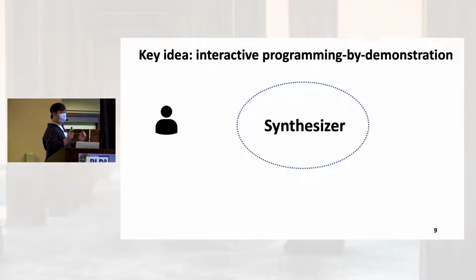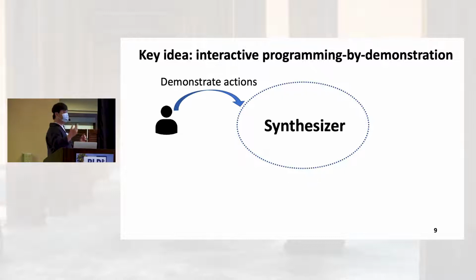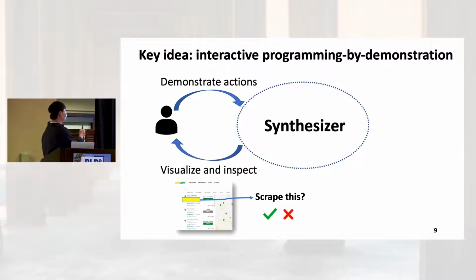For example, if the user wants to automate a task using WebRobot, the user first provides some demonstration to the synthesizer. The synthesizer will generate programs, and by executing these programs, the synthesizer can provide some predictions to the user and visualize them on the web page by highlighting. The user can inspect these and choose to accept or not.